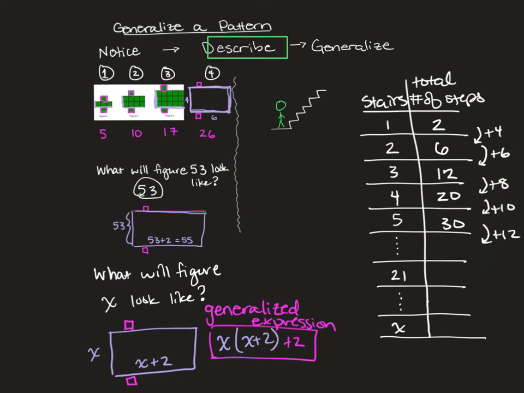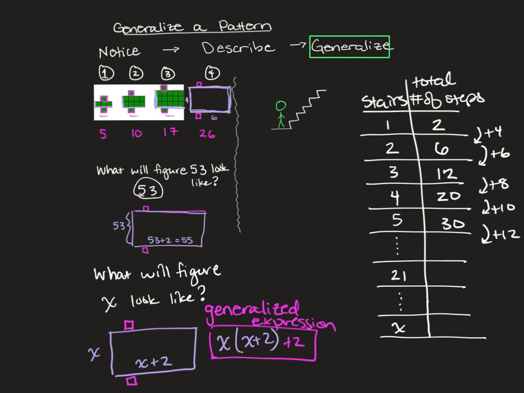But in order to generalize this, I need to start seeing, just like we did here, how 1 connected to 5 and 2 connected to 10. I need to start seeing this number connecting to this number connecting to this number.